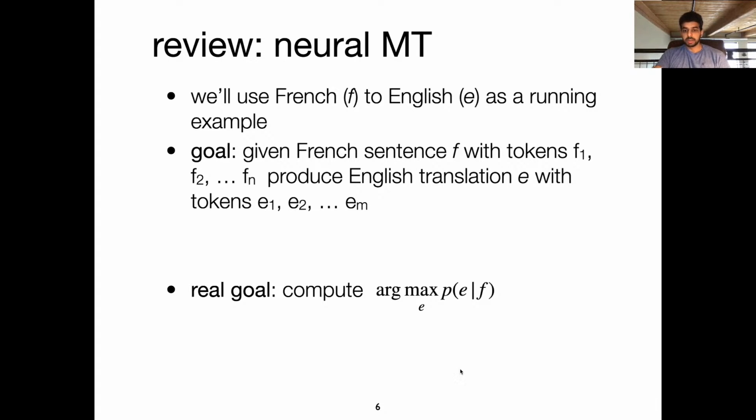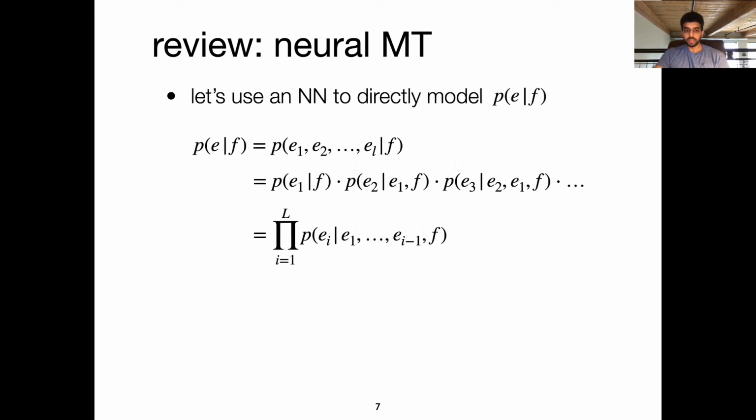So we're trying to maximize this conditional probability of E, which is in this example an English sentence, given the French input sentence. And also remember from the first few lectures that we're using our neural networks to directly model this probability by decomposing it into this product of conditional probabilities using the chain rule. So all pretty standard stuff.